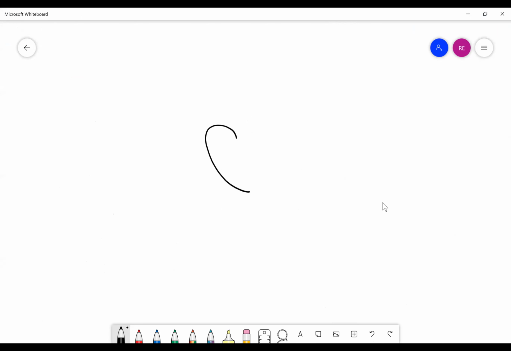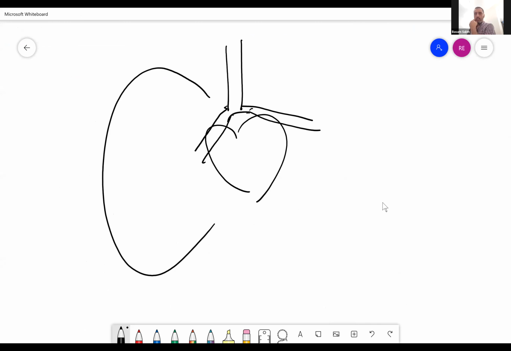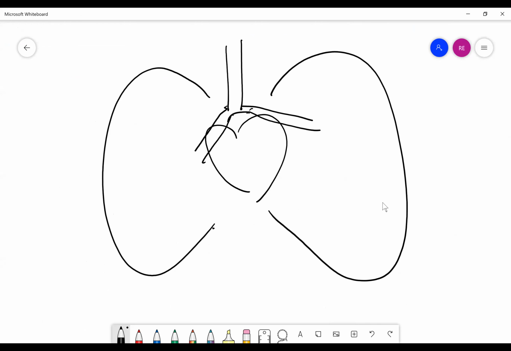So let's say this is your heart, and this is your mainstem bronchus, and this is the right, and the left is the lung. So we have the pleura. The pleura is here.